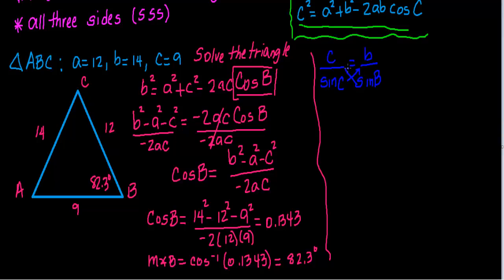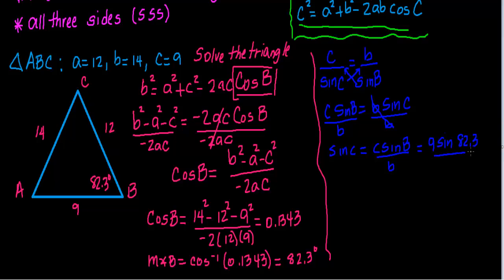So on this side, I'm left with C sine of B equal to B sine of C. Then I divide both sides by B, and that gives you that sine of C is equal to C sine of B over B. That equals C, which is 9, times the sine of angle B, which is 82.3, everything divided by 14.